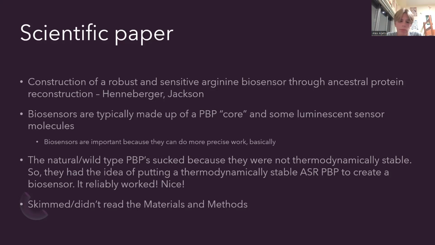And they were just kind of talking about how they made it. That's all they were concerned about. And then I didn't look at the materials and methods. Maybe I would have learned some stuff if I read some paragraphs instead of looking at words.